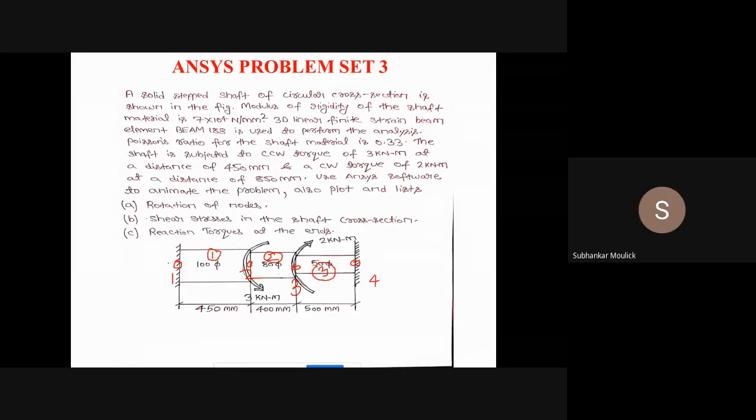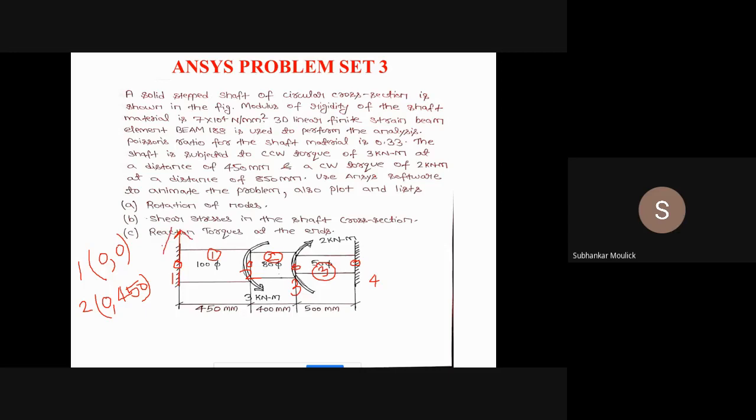Okay, let me write over here. Node 1 is 0, comma 0. Node 2 is 450, 0. I am assuming this to be the reference plane.